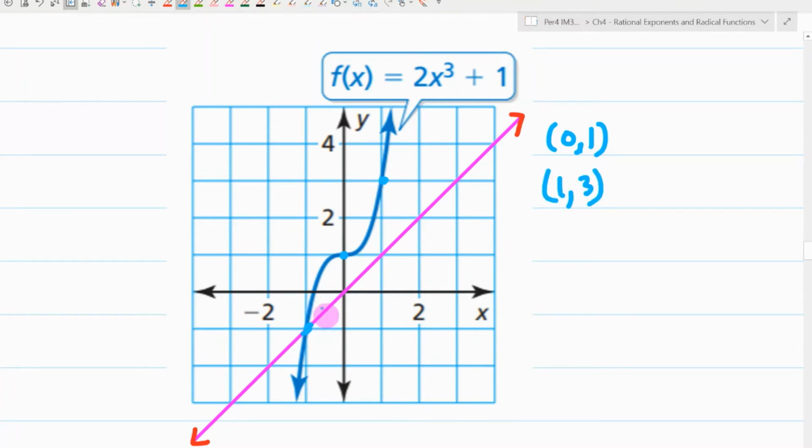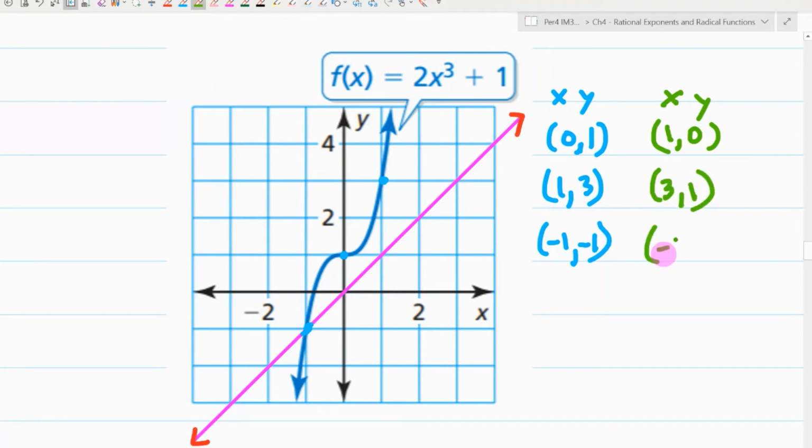And this point right here is -1, -1. Let's just pick those 3 points. These are my xy points. And then for my inverse function, we're going to flip them. So we're going to have 1, 0, 3, 1, and -1, -1.